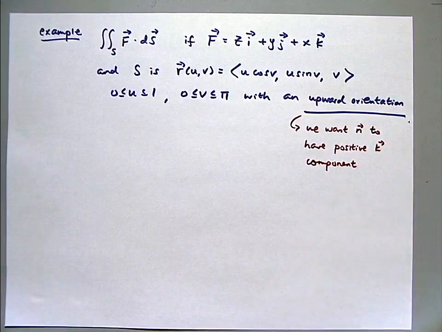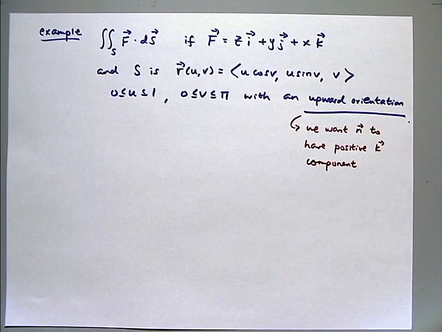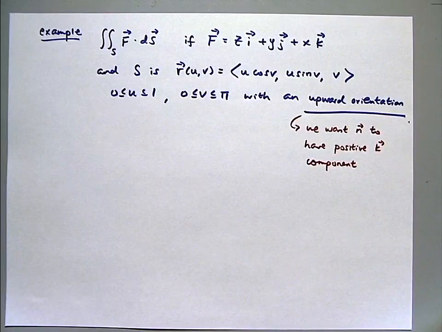Right? That's what it means to have an upward orientation. So that means when we do our surface integral, we have to make sure that RU cross RV has a positive K component. If it doesn't, then we switch it around, right? This tells us which vector we're going to be using.